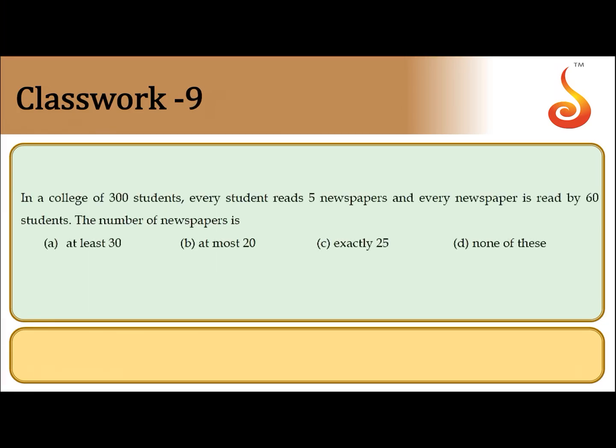In a college there are 300 students and every student reads 5 newspapers, and every newspaper is read by 60 students. Therefore, what is the total number of newspapers? Let me assume the total number of newspapers is equal to X. Because every newspaper is read by 60 students, X multiplied by 60 is the number of readings, and that must be equal to 300 students, each reading 5 newspapers.